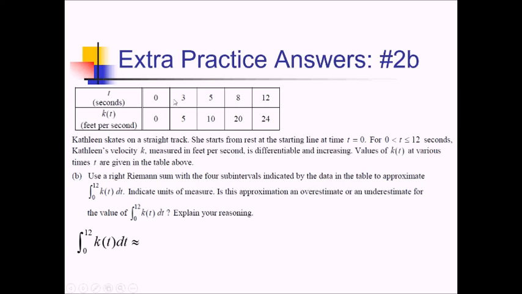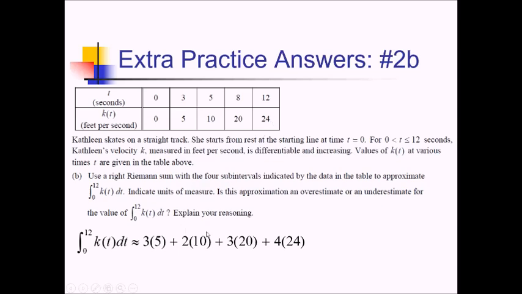So I need to use the height at 3, which is going to be 5. So base of 3 times a height of 5. Now for the next rectangle, we have a base of 2 going from 3 to 5, times a height of 10. Again, I'm using k of the right endpoint. And then we have a base of 3 times a height of 20, followed by a base of 4 from 8 to 12 times a height of 24.